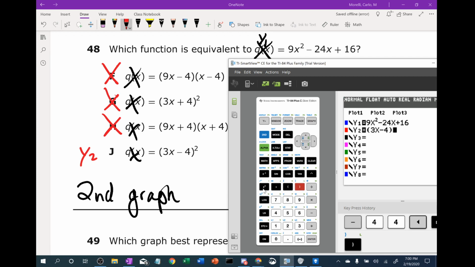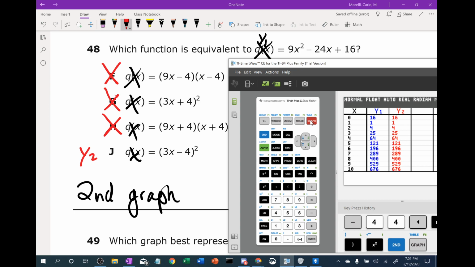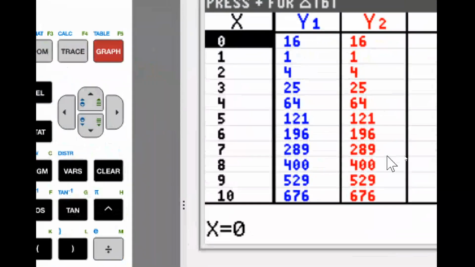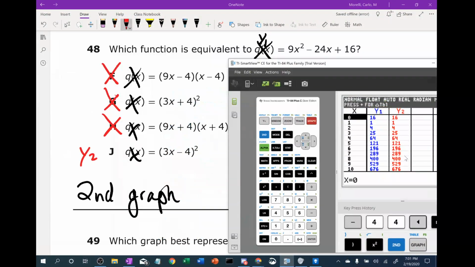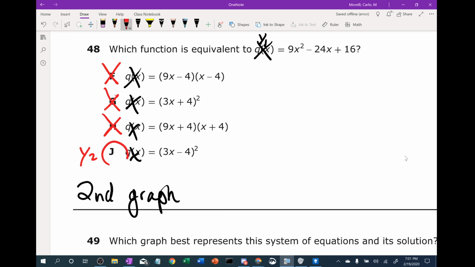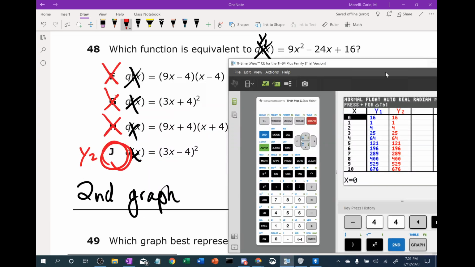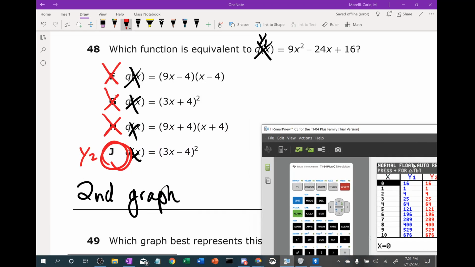Okay, and square that. And then we'll hit second graph. All right. And very thankfully, all these rows match up. So because these rows match up, we know the answer is J. Okay. So let me paste that in there so you can look at that data if you want to.